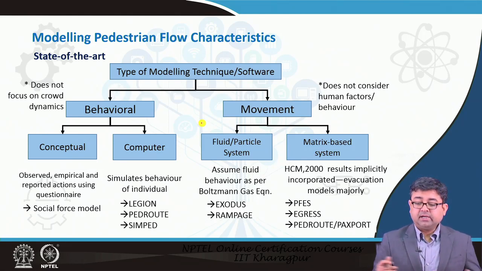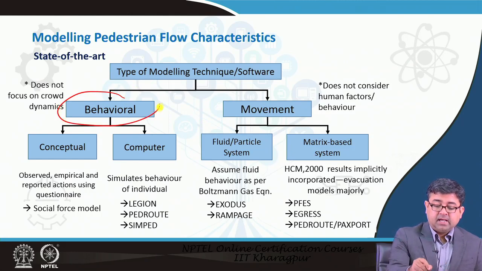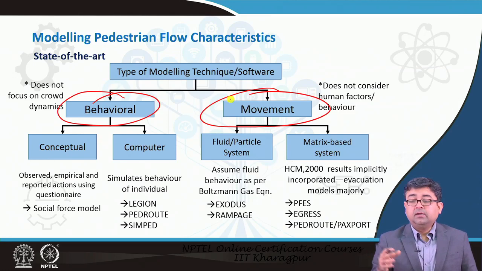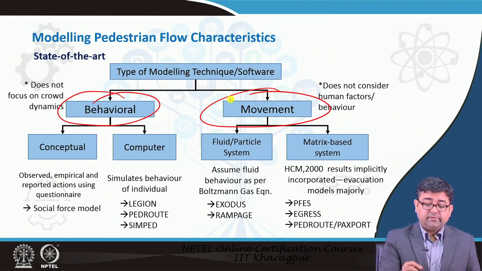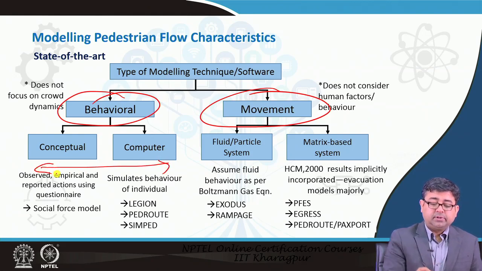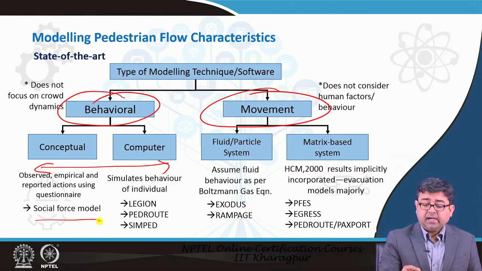Based on this, there are different types of models that have already been developed. Looking at it very broadly, these modeling techniques or software are classified under two groups: behavioral models and movement related models. The behavioral models can again be classified in two ways. Conceptual models, where a model developed based on the conceptual behavior is called the social force model, and computer simulation models that simulate the behavior of individuals.